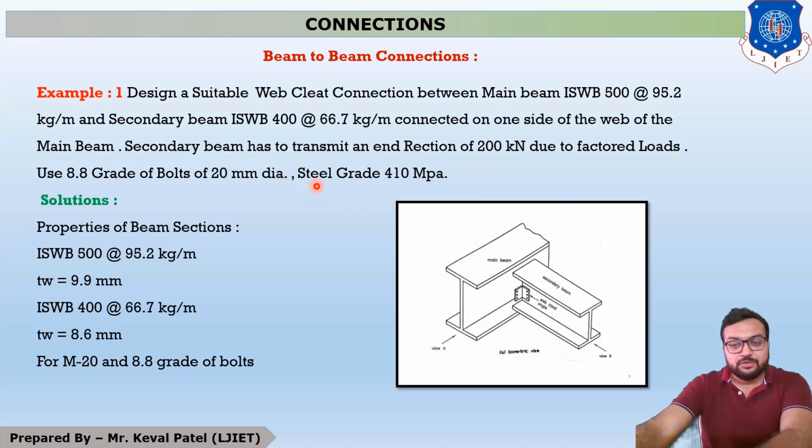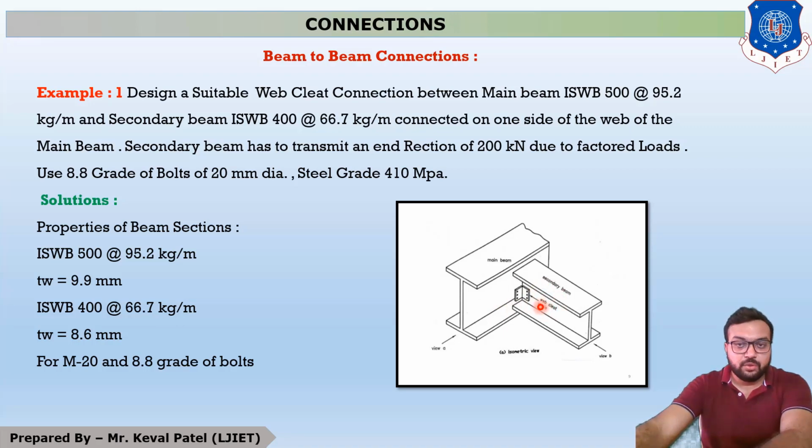Okay, so let us start our example solution. First of all we have to find out the properties of our sections. You can see that this is main beam and this is secondary beam, and both the beams are connected with the help of web portion only.